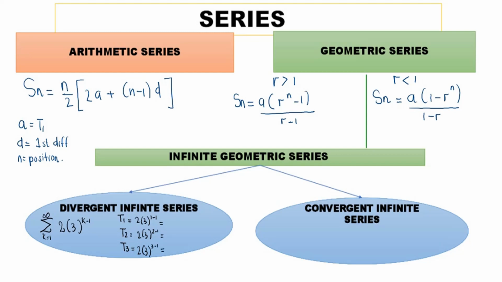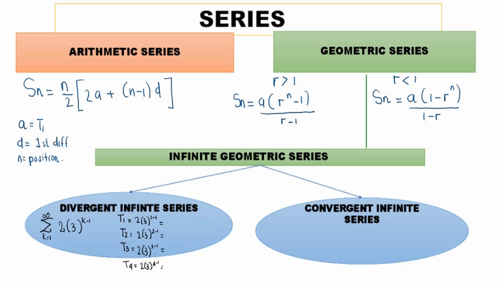And term 4 is obtained by saying T4 is equal to 2 times 3 to the power of 4 minus 1. So let's put all these values into our calculator and write down these terms.